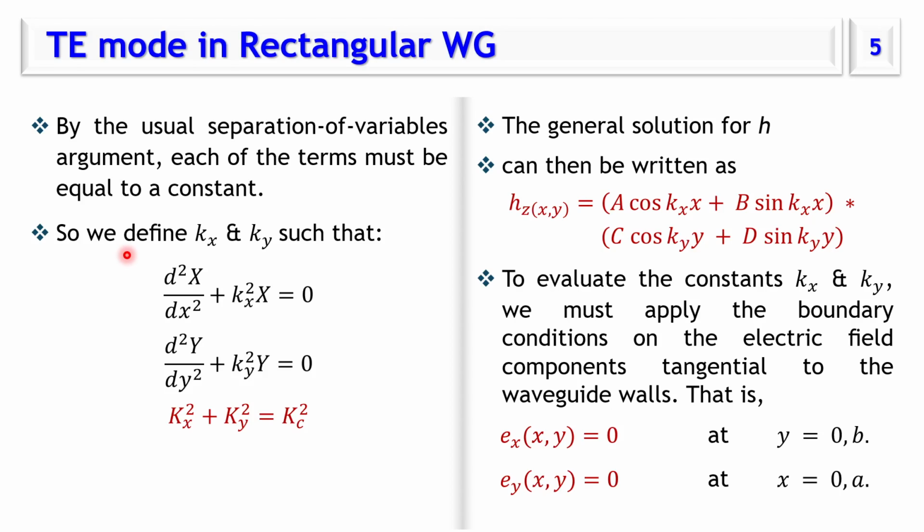The separation of variables leads to two separate equations where we define new variables kx and ky, such that kx squared plus ky squared equals kc squared. Kc squared has the same meaning as we discussed last time, which relates to the cutoff frequency.